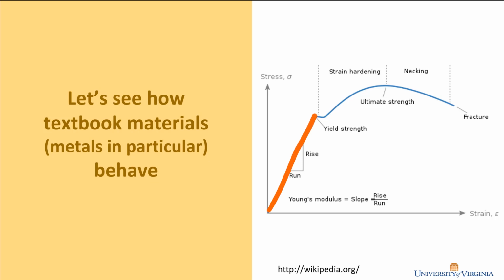And not only that, it goes up in a linear fashion. Interestingly, in this whole region, as you stretch the material, if you release the material, it goes back to its original shape. So this is called the elastic region because it behaves just like a rubber band would behave in the sense that you pull on it or you twist it or whatever, and then it just goes back to its original position once you let go of it.